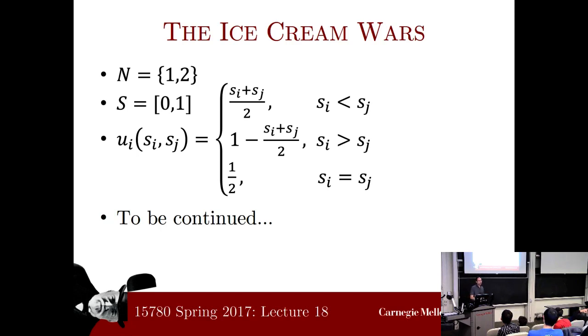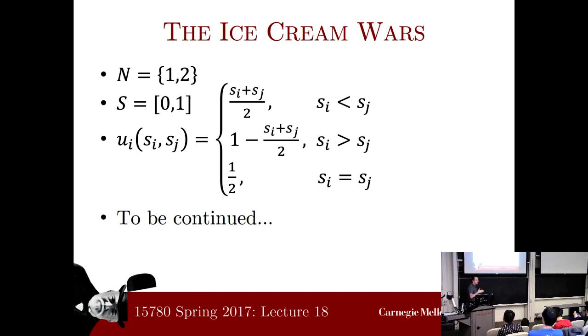If s_i is smaller than s_j, then basically i will get all of the customers from the bottom up to the midpoint between s_i and s_j. So the total utility, the fraction of customers i gets, will be (s_i + s_j)/2. Everybody from 0 to this midpoint.